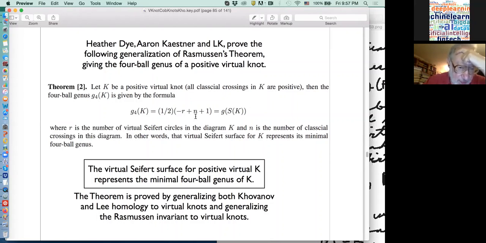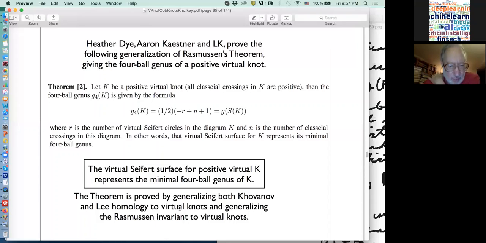Because, you see, there is a Khovanov homology theory for classical knots and an invariant due to Rasmussen, which enabled one to prove the corresponding theorem for classical knots. And it turns out that one can generalize these things and make them work for virtual knots. And you still have to do some work, but of course it isn't as highly original as the original approach.